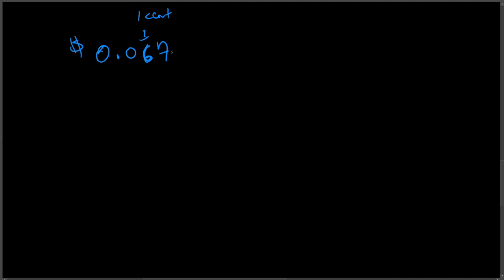So if I round to the nearest cent, I mark this number and look to the one to the right. It's bigger than 5, so I increase my number and drop everything to the right of it. And so 67 thousandths of a dollar rounds up to 7 cents. And a cent is 7/100th of a dollar.